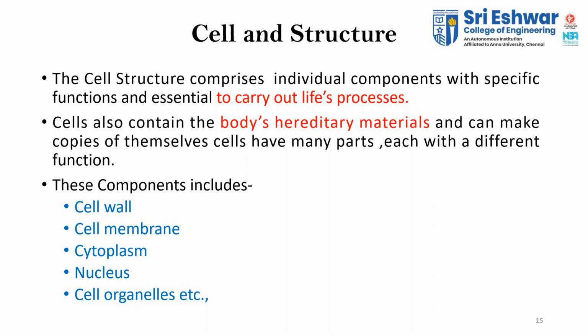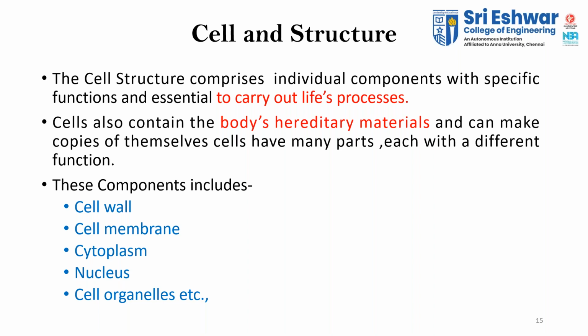The cell also contains the body's hereditary materials. You may have heard about heredity. What is heredity? It is passed on from the ancestors. Diseases are also passed on from the ancestors. Why? Because their genetics are mixed with our genetics, so their DNA will match with our DNA. For example, if a person commits a crime, how will they identify that person correctly?